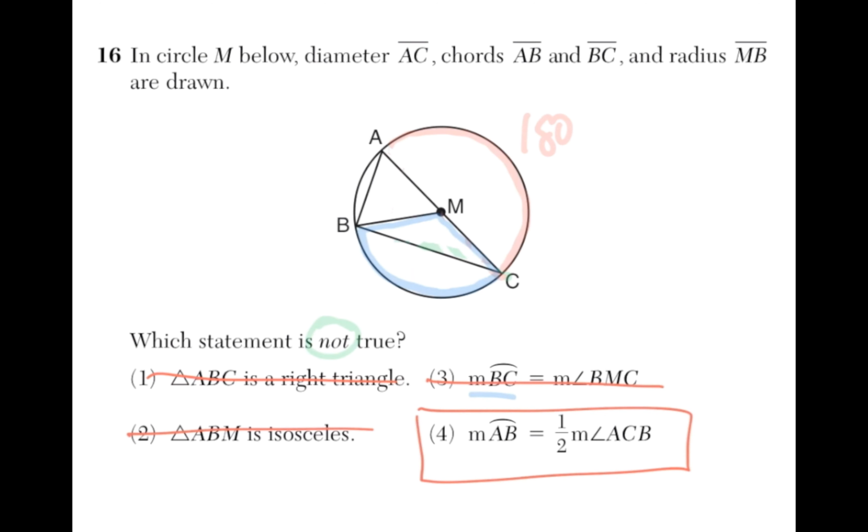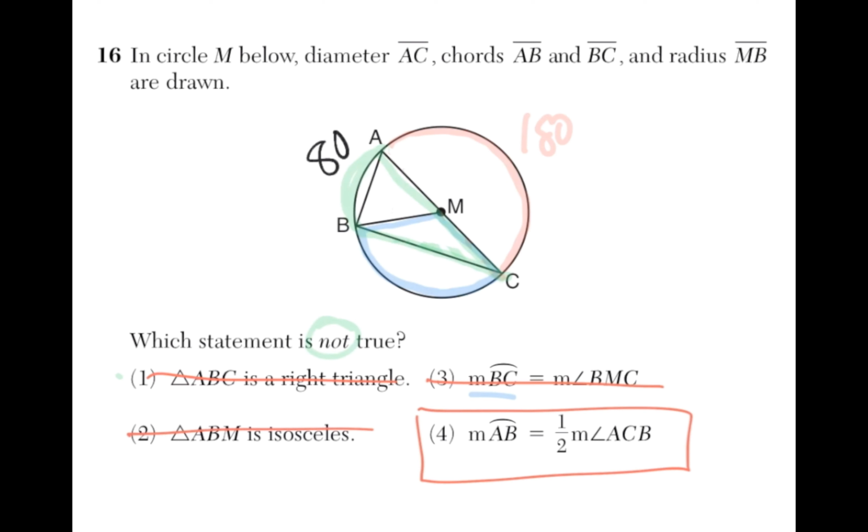Let's take a look at it a little bit further just so we can verify it. So we've got arc AB is equal to half of angle ACB. And I remember that ACB is the inscribed angle of arc AB. But what I also know is that this arc is twice as much as the inscribed angle.